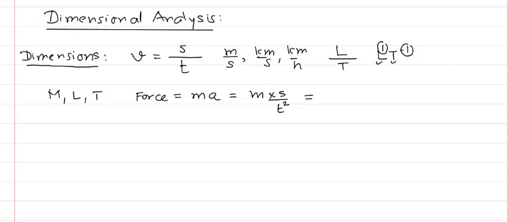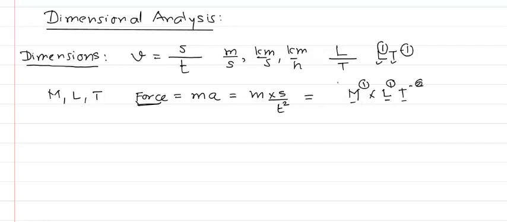And if I put this in the form of the fundamental units, mass as power 1, this is distance, so this will be L raised to 1, and I have t raised to the power minus 2. So we will say that the dimension of mass in force is 1, the dimension of length in force is 1, and the dimension of time in force is minus 2. So this particular physical quantity has dimensions of the fundamental quantities of mass, length, and time.